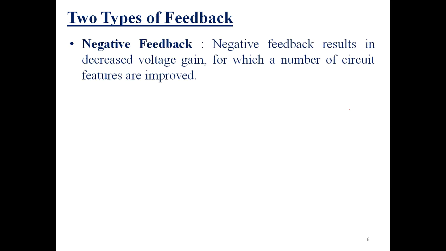Negative feedback results in decreased voltage gain, for which a number of circuit features are improved. Now this point is quite natural because I just mentioned that negative feedback means the feedback voltage VF and the input signal VS are out of phase.